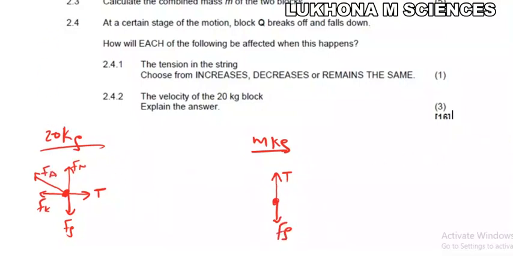Remember I said in the earlier video that when you see a slanted force, you must write the components of that slanted force, which means we have F applied Y and F applied X. Then you must remove the original force, so we're left with the components. This is our free body diagram for the 20 kg block.